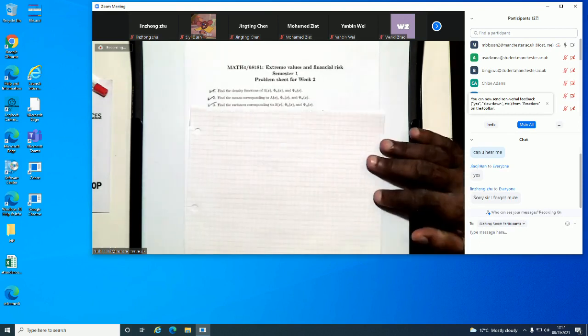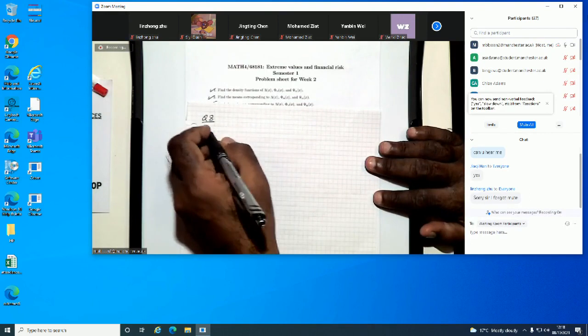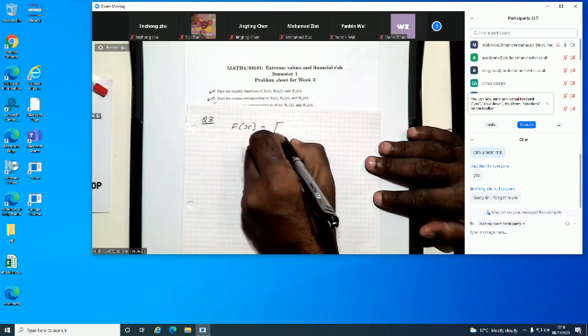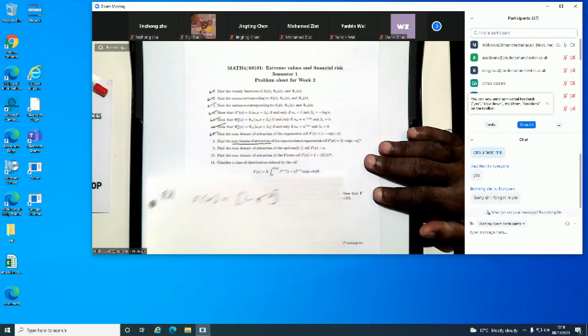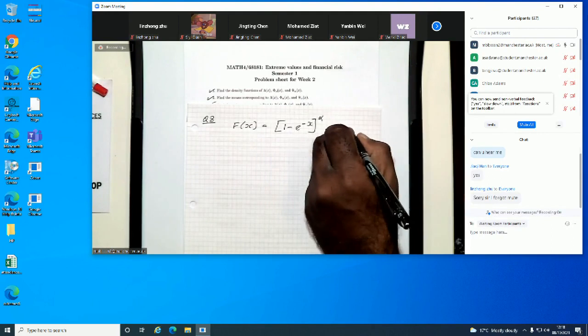So it's question 8. You have F of x equal to 1 minus e to the power of minus x, all to the power alpha, where x is positive.